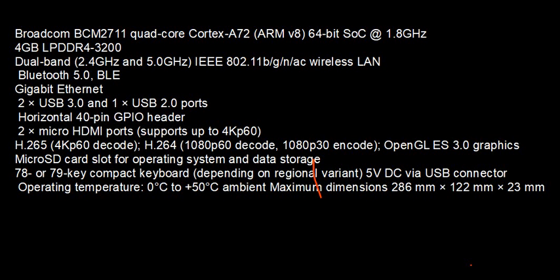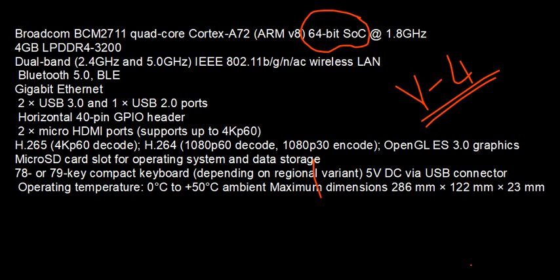Now these are the specifications. Anyway, I am not going into a detailed discussion on these specifications. This is version 4, which I have mentioned earlier, the latest version. You can just look at these things instead of going into a detailed discussion. This is a 64-bit system on chip, 1.8 gigahertz, 4 GB RAM.